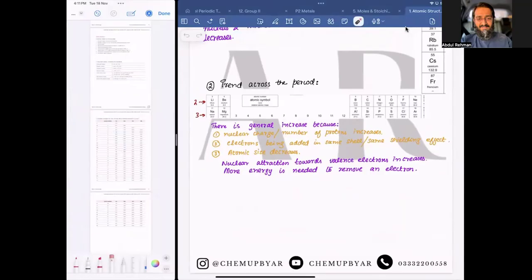There are three factors: the nuclear charge is increased, the number of protons is increased, electrons are being added in the same shell, so the shielding effect remains the same, the attraction gets stronger, and the size decreases a little. As a result, the ionization energy increases.